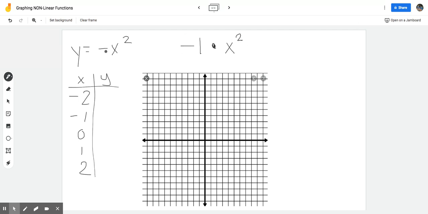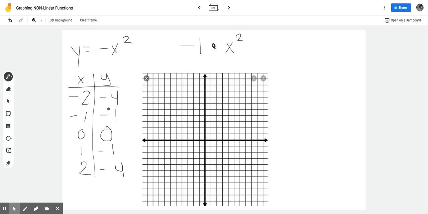Order of operations tells me that I'm going to square this value and then multiply it by -1. So -2 squared is 4, but then times -1 is -4. -1 squared is 1, but then times -1 is -1. 0, we're going to say the same. 1 squared is 1, but then times -1 is -1. 2 squared is 4, but then times -1 is -4.